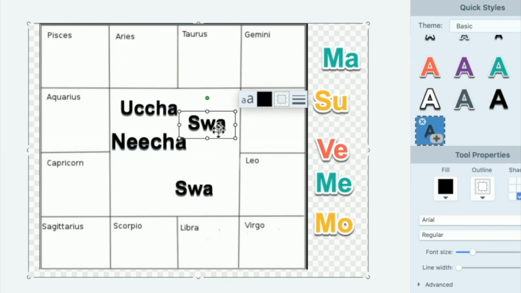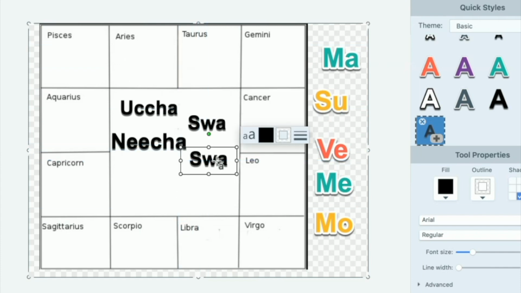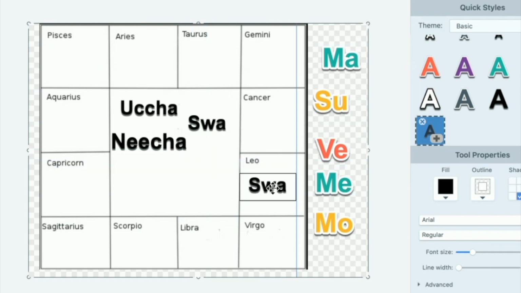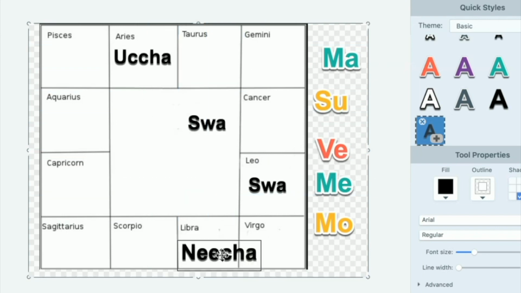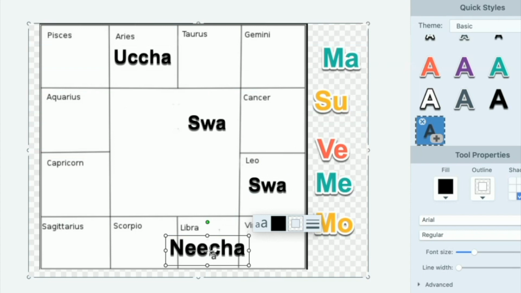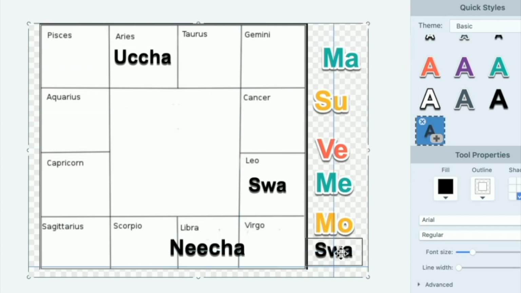So let's see. The Sun is in Swarashi in Leo. The Sun is Ucha in Aries, Nicha in Libra. So that's opposite. Now, what's the next one?